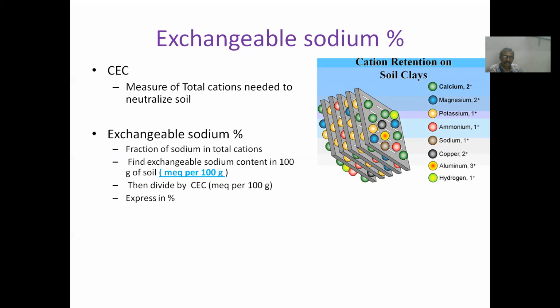So how do we find that out? Find the exchangeable sodium content alone in 100 gram of soil, express that in milli-equivalents per 100 gram of soil, and divide that by the cation exchange capacity, that is, the total cations expressed in milli-equivalents per 100 gram of soil. After division, convert that into percent by multiplying by 100, then you get exchangeable sodium percent.